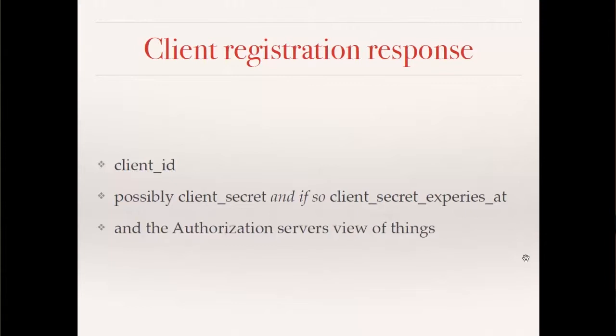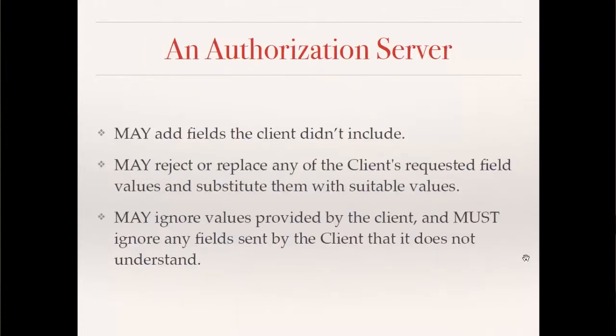And the authorization server's view on things, the provider's view on things, because the authorization server may change everything that the client said. So the client says, I want to use these keys, and the authorization server says, no way, you have to use this.